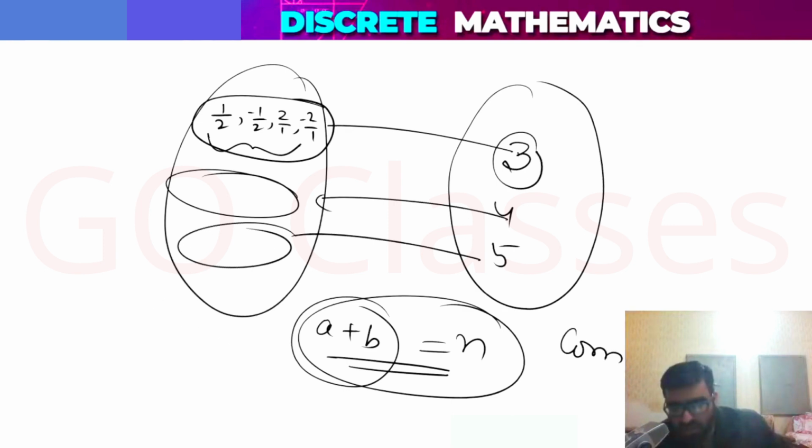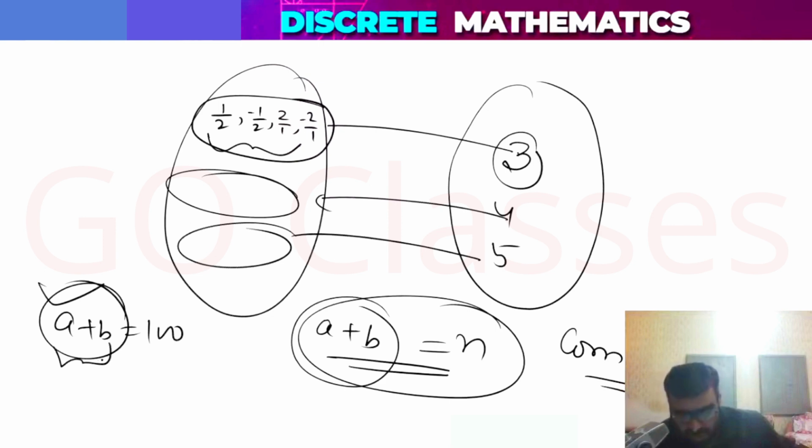In combinatorics we study this type of problem. Like if I say that a plus b equals 100, then how many solutions are there for a comma b? There are a finite number of solutions, and how many exactly, that you can also find.